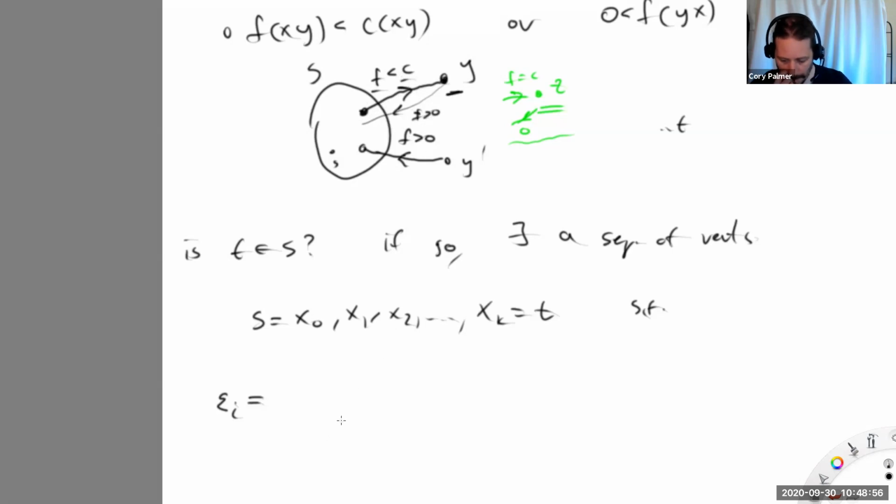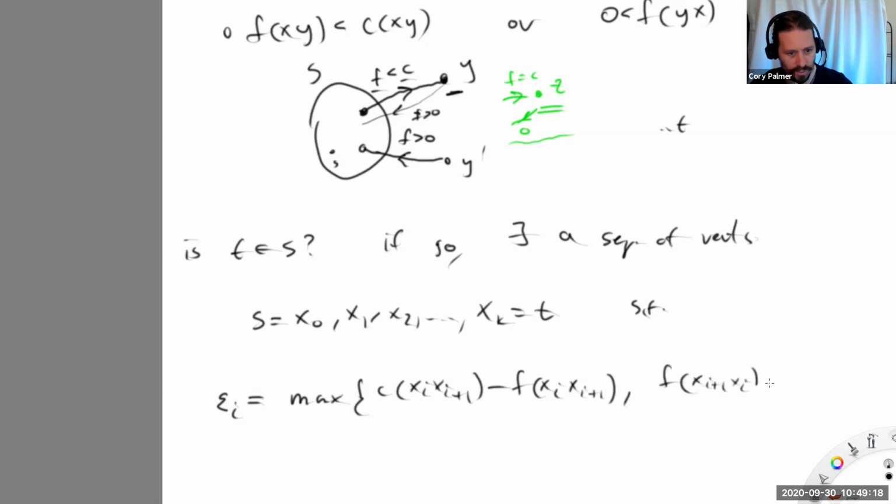Okay, so let's say this is the bigger of the two. So the maximum of the capacity from xi to xi plus 1 minus the flow, or the flow from xi plus 1 to xi. This is a reverse edge.